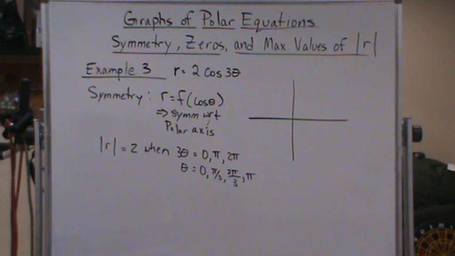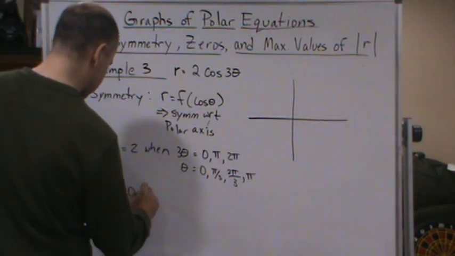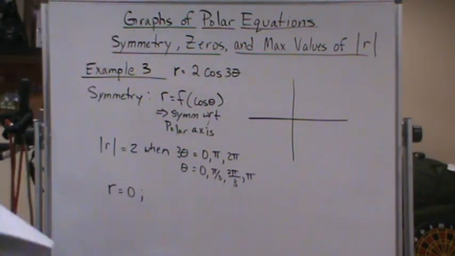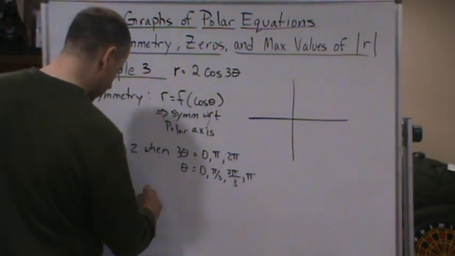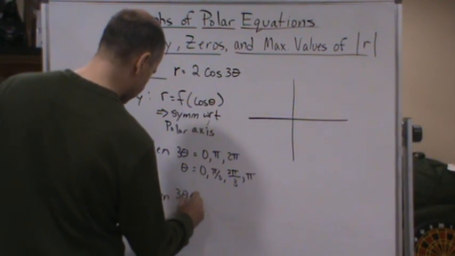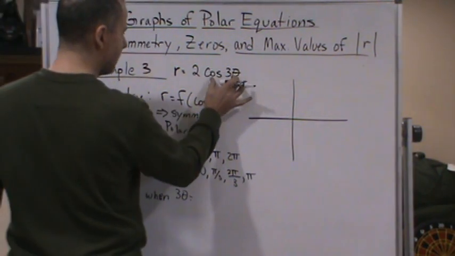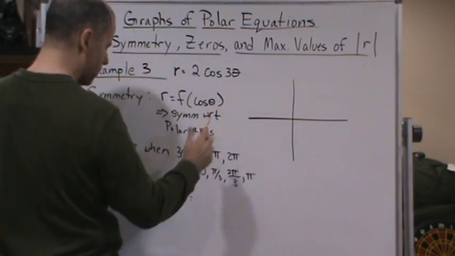Okay, so now what about the zeros? When is r equal to 0? r is equal to 0 when 3 theta is equal to what? Well, cosine is equal to 0 at pi over 2.